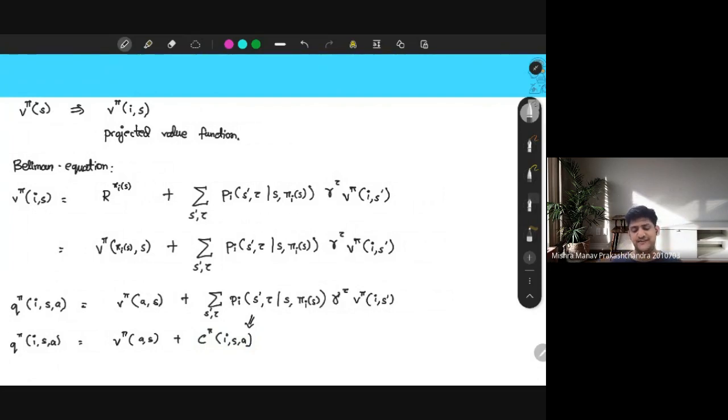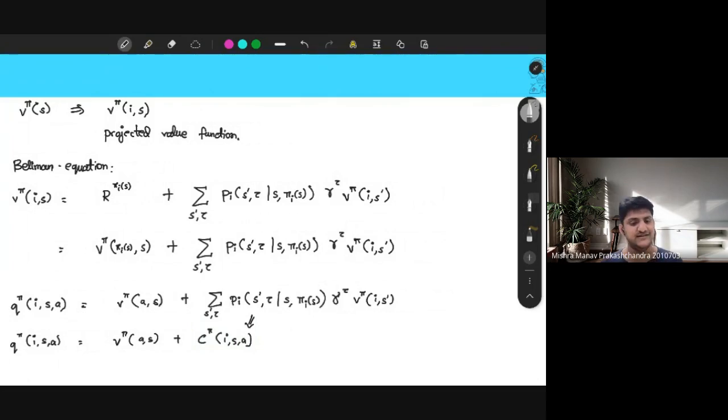So now my q pi of s is basically the sum of the value function that I get on executing action a, or the ath subtask at state s, then the completion reward that I will get once I complete the ith subtask, starting from state s and taking action a initially.